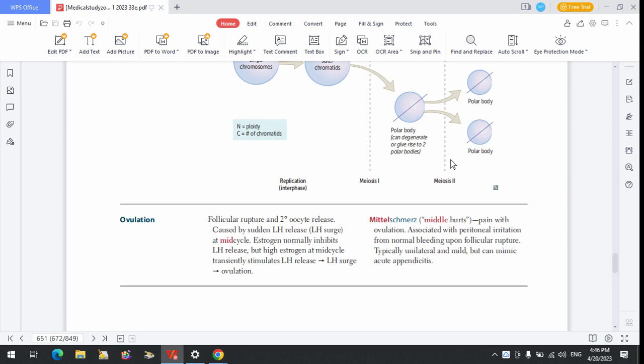The FSH acts on the follicles within the ovaries, which contain the oogonia, and stimulates the proliferation of quite a number of them.